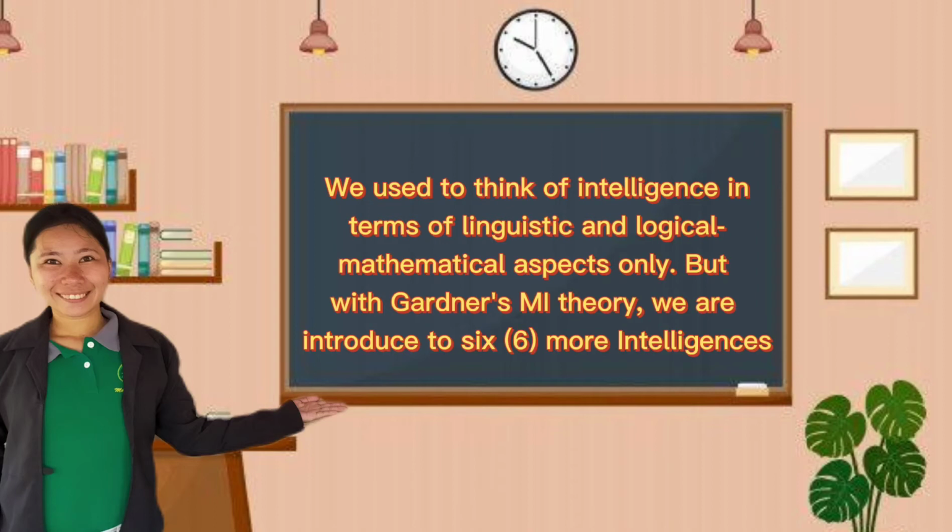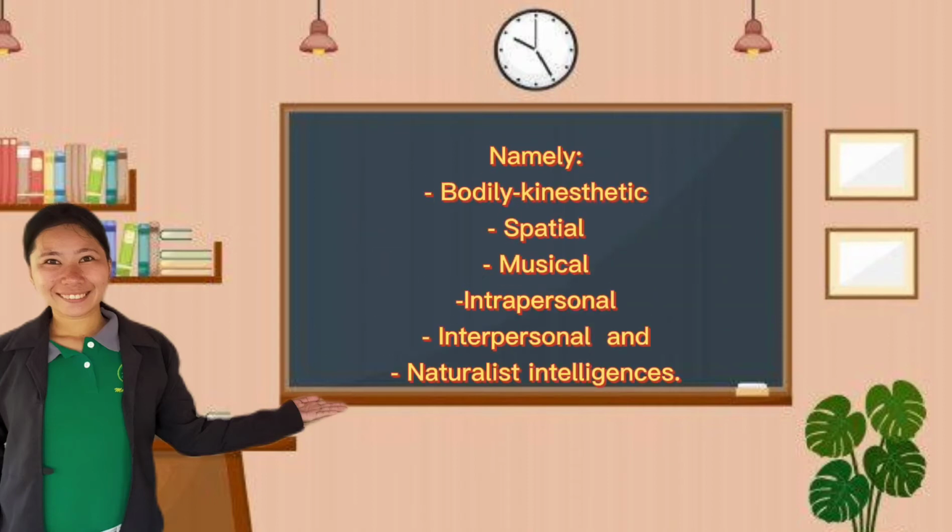But with Gardner's multiple intelligence theory, we are introduced to six more intelligences, namely bodily-kinesthetic, spatial, musical, intrapersonal, interpersonal, and naturalist intelligences.